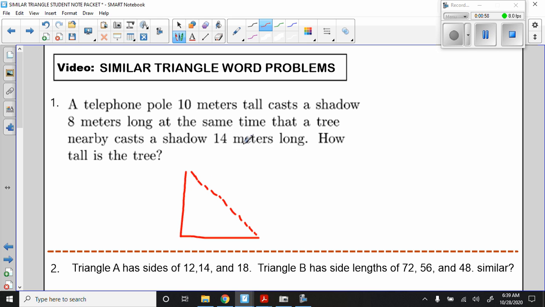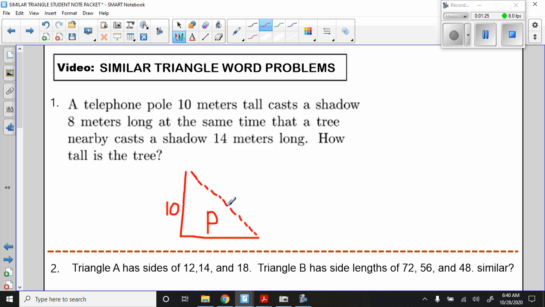So a telephone pole, 10 meters tall. So for this first triangle, I'll make my pole. It's 10 meters tall. Remember, height goes straight up and down. So there would be your height. We're going to be very consistent, and there'll be nothing tricky about height and shadow.